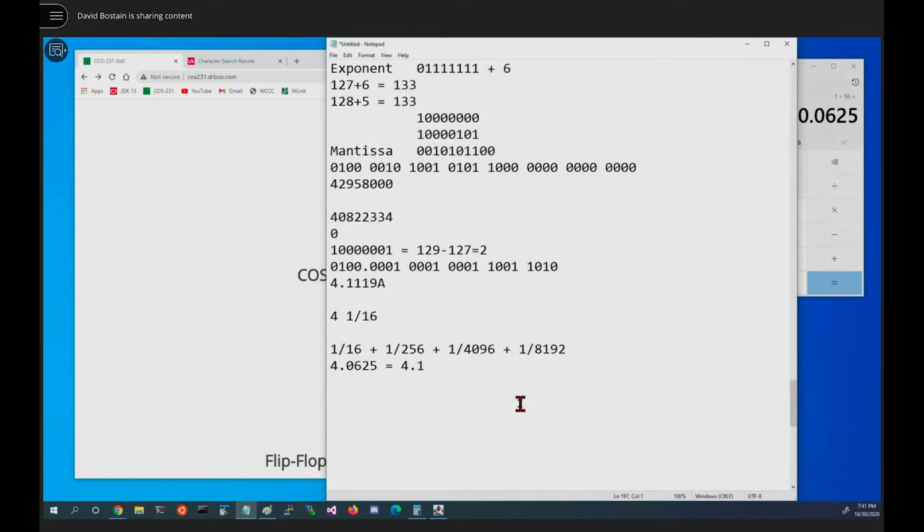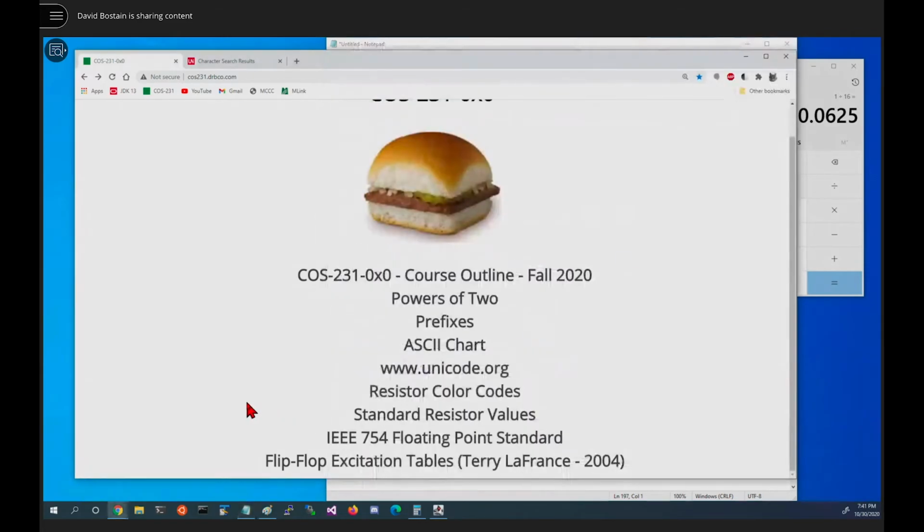And that's working the problem backwards, which I'm sure any of you could do. I just have to think about the steps probably a little longer than you because I've done them before. Okay, any other questions about anything having to do with floating point?